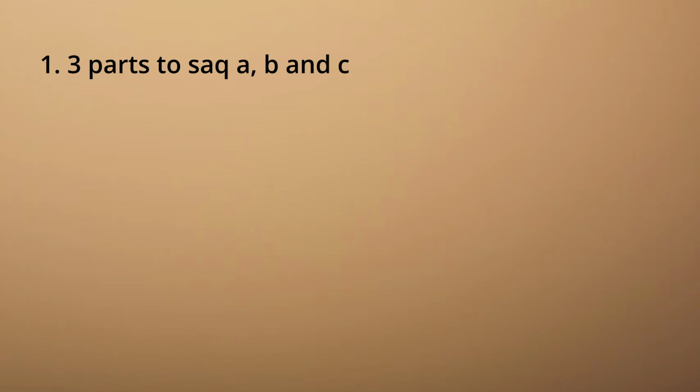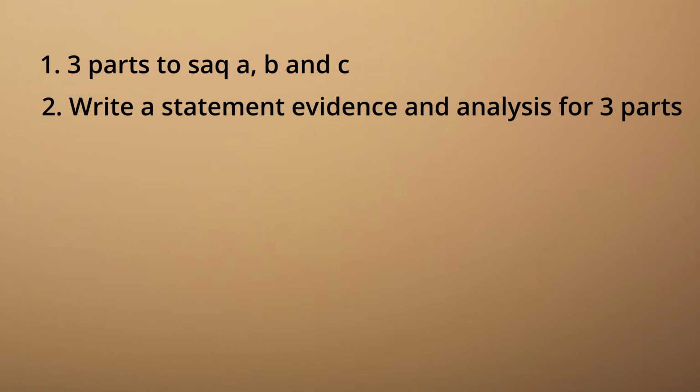So basically, you just want to write what I like to call ACE: a statement, evidence, and analysis for every one of them, A, B, and C. Do that 3 times, okay? That's how you complete one SAQ. There will usually be 2, so you have to worry about that, okay?